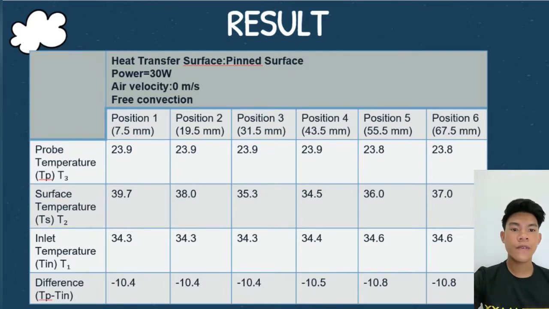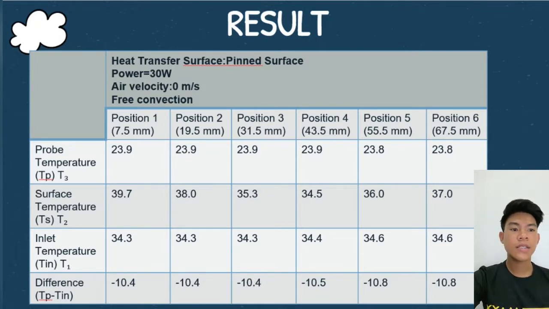For the surface temperature, TS, the temperature slightly changed, which is for position 1 39.7 and 38.0 for position 2, 35.3 for position 3, for position 4 is 34.5, 36.0 for position 5 and 37.0 for position 6.